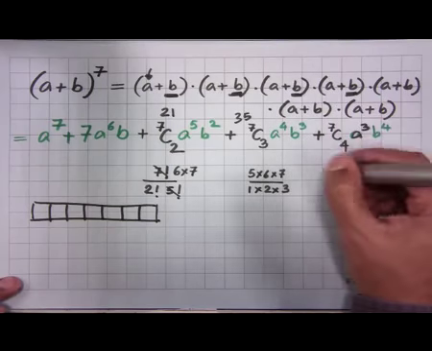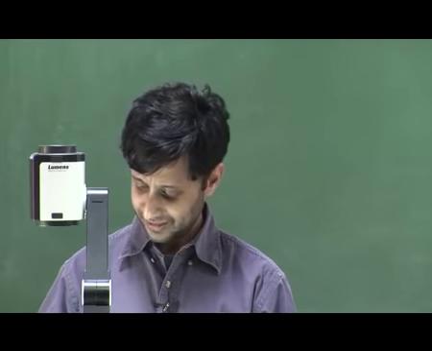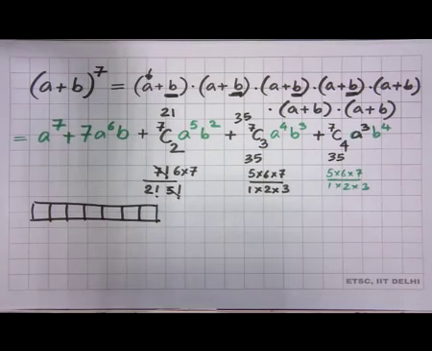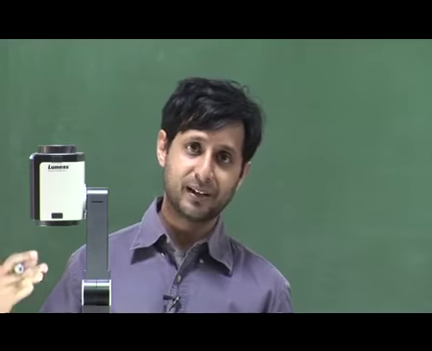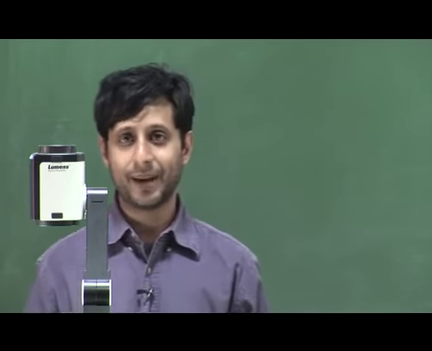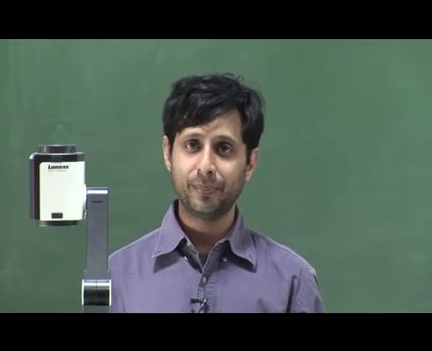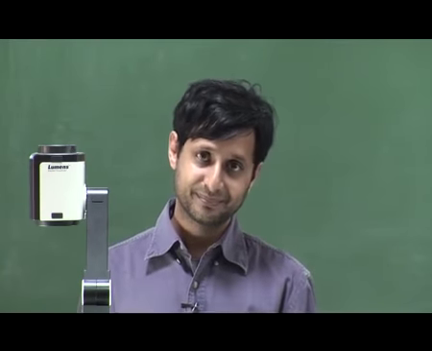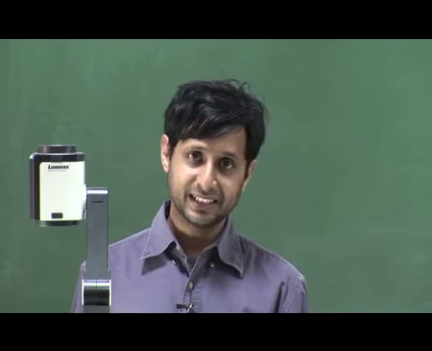Is that a surprise? Is that a surprise that you got these two as the same? So, how many ways can you pick 4 B's out of 7 is the same as how many ways can you pick 3 A's out of 7, right.